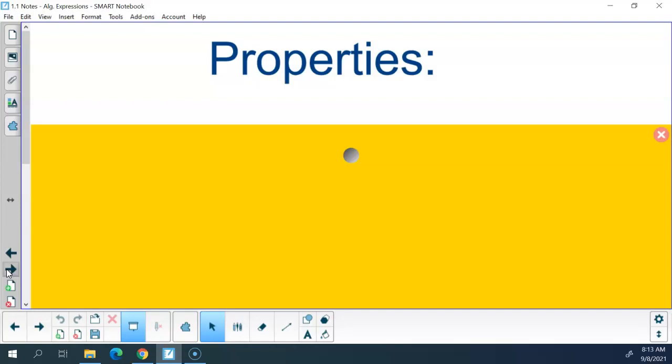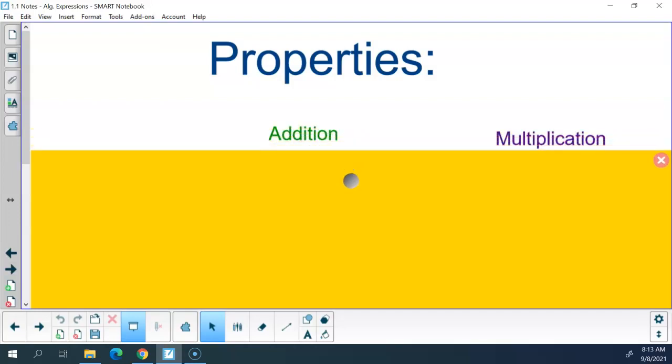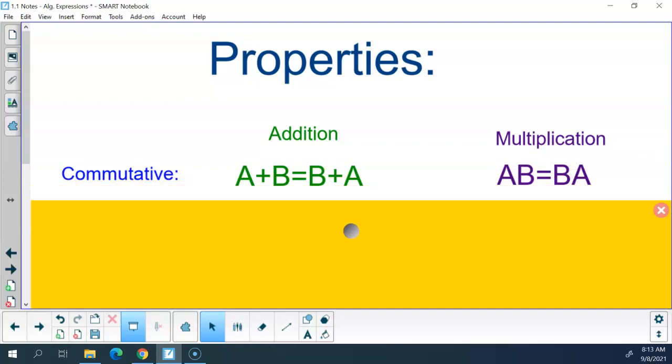So the first property that we're going to need, and now for these properties, there's an addition component and a multiplication component. The first one is called the commutative property. The commutative property tells us that order doesn't matter in multiplication and addition. It tells us that 2 plus 3 is the same as 3 plus 2.